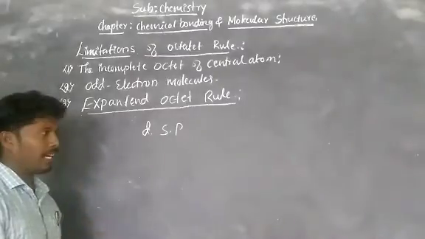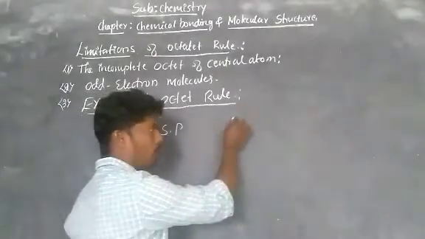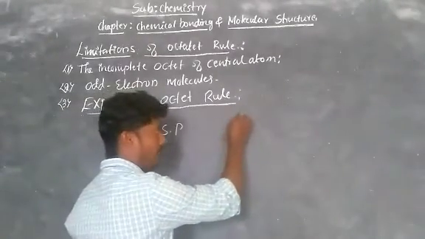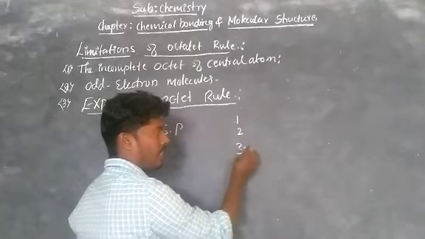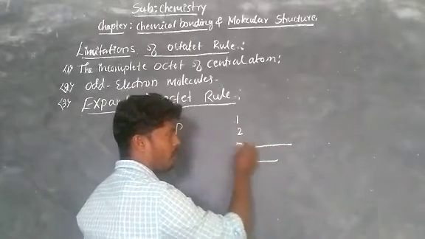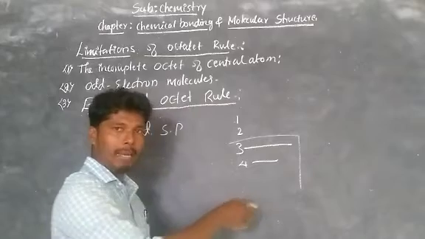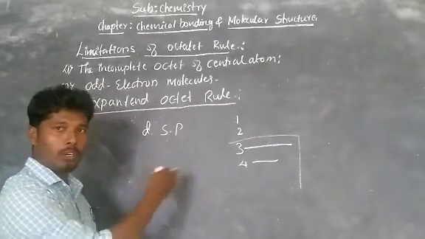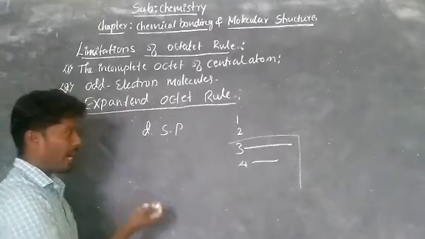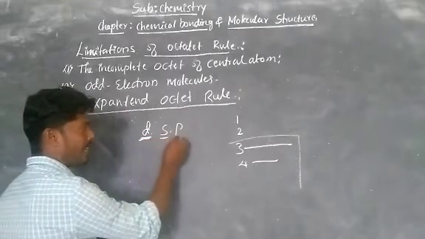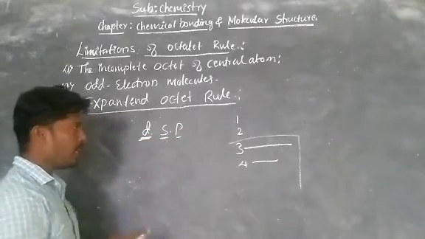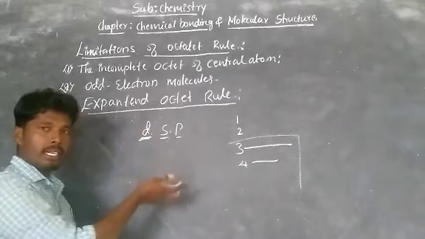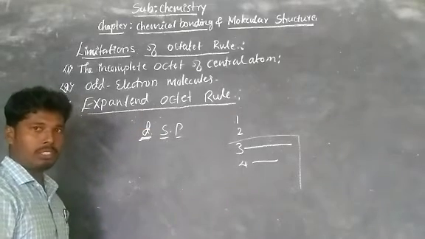Third and higher period. You know, in the periodic table, when we go after the first and second and third periods, this third period and fourth period means after third and fourth period elements. It means d block elements and the corresponding s and p block elements having the d orbital along with s and p orbitals. So here it exceeds greater than 8 electrons around that.